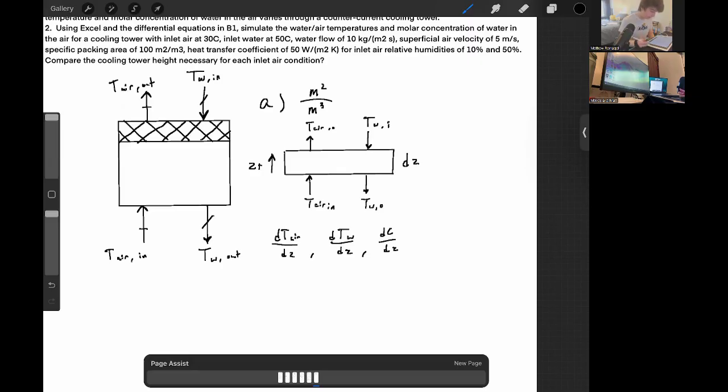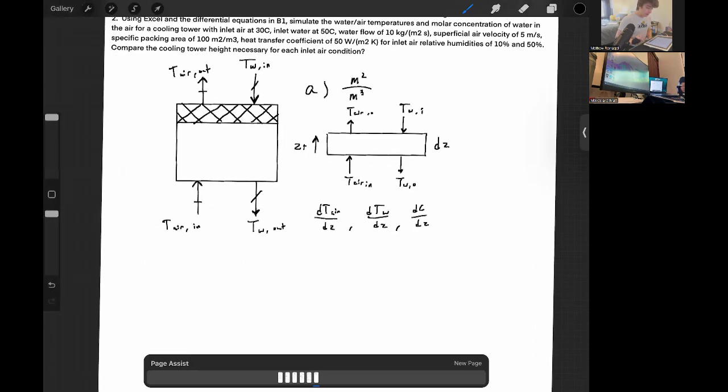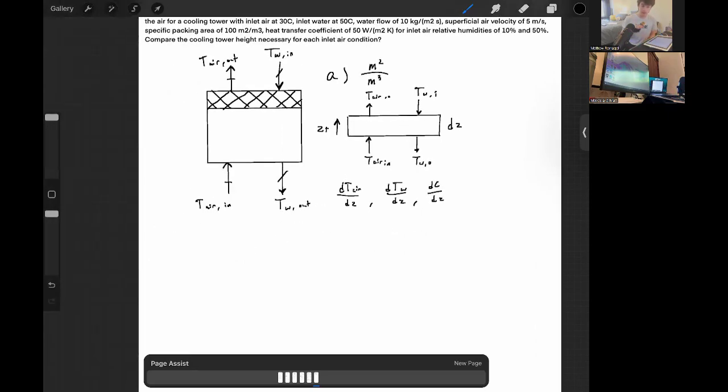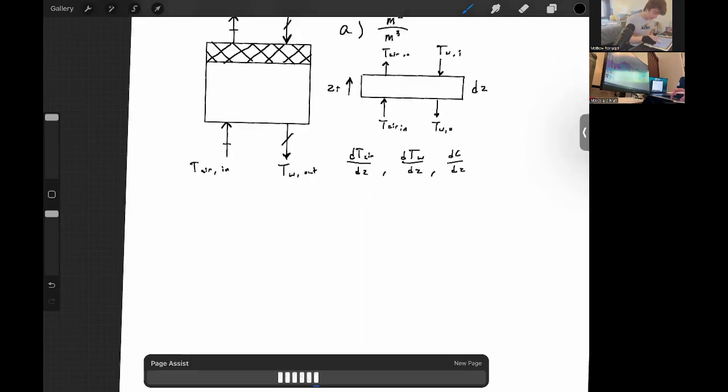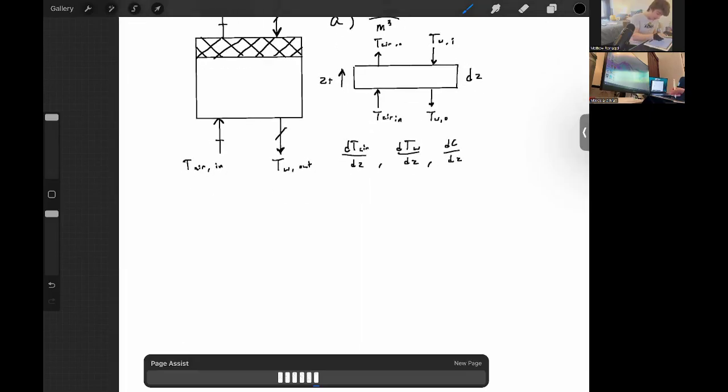So now we need to use some Lewis relations to relate the heat and mass transfer of the system to then give us these changes in temperatures that we want. So let's start with the change of water temperature across some distance. This is a more common sense side of things.